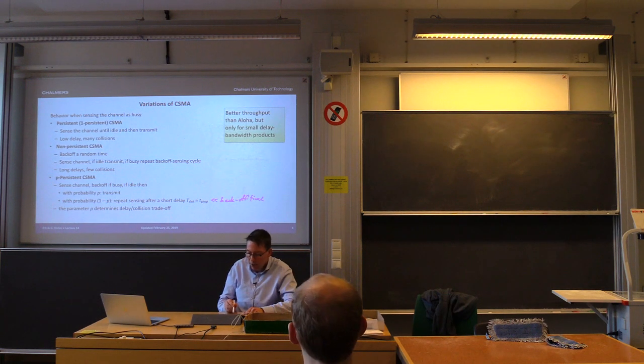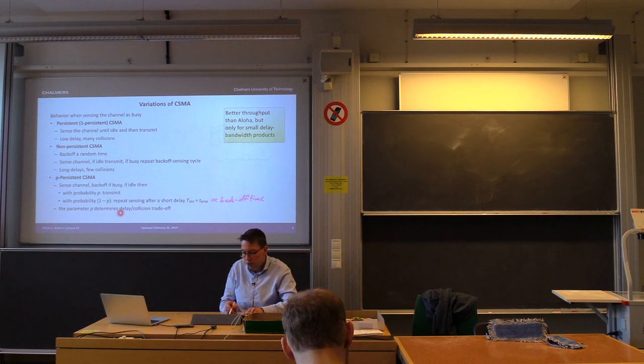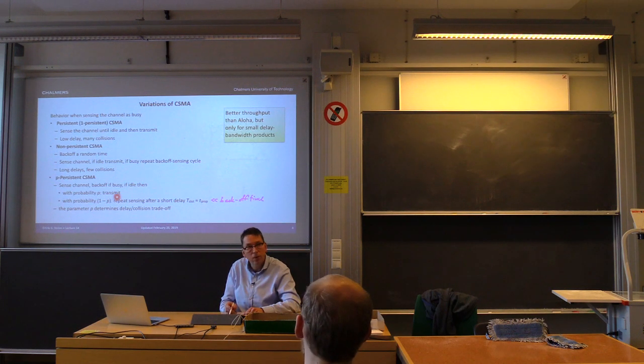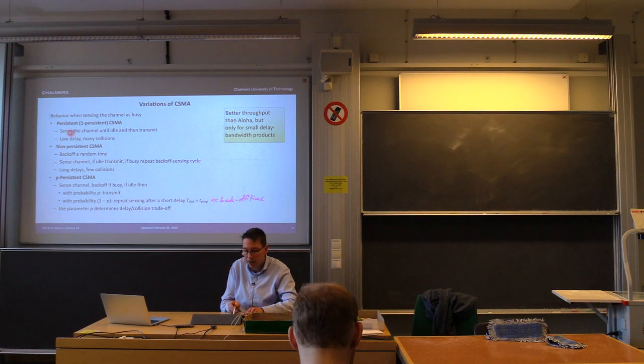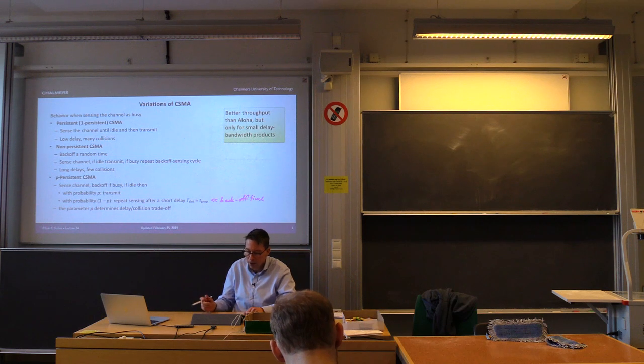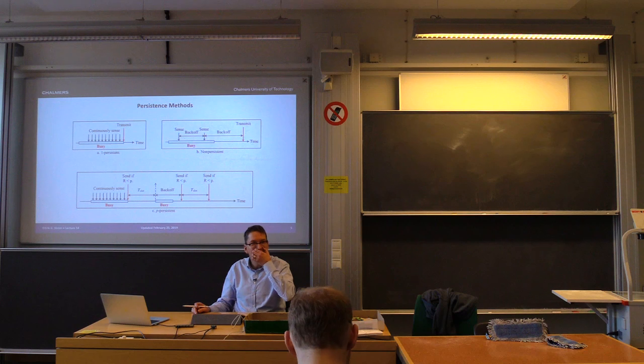And this parameter p determines the delay-collision trade-off. If we set p equals 1 here, then with probability 1 we transmit, which is the same thing as we do in persistent CSMA. Okay, so let's look at pictures here. Maybe this is easier.